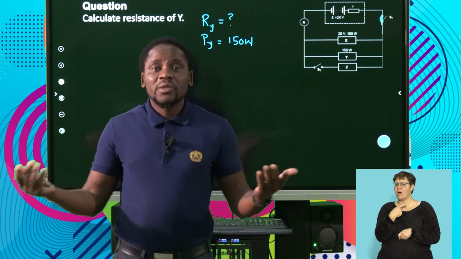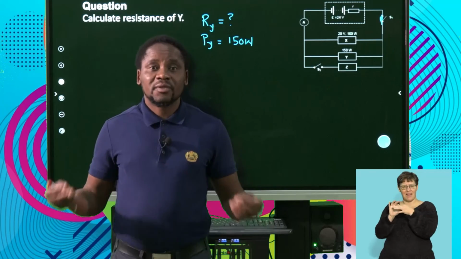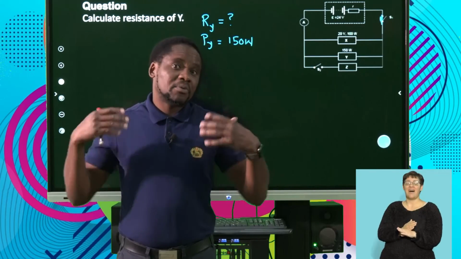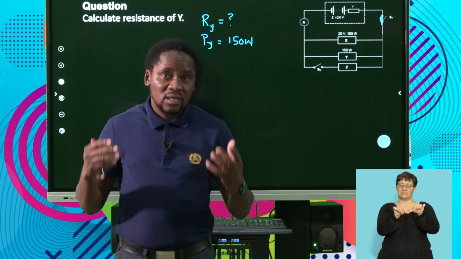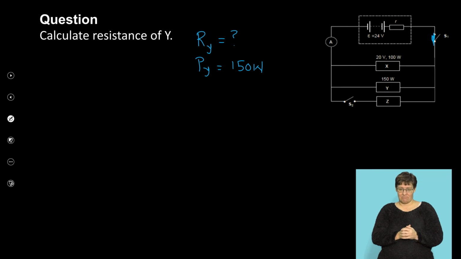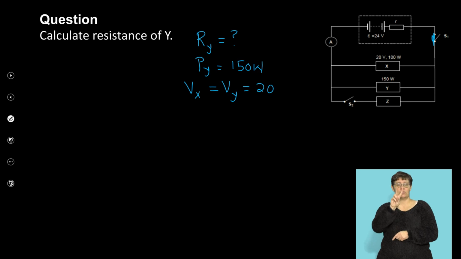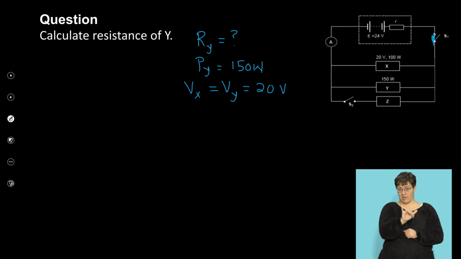And what do we know about a parallel combination of resistors in a circuit? That the potential difference remains constant. In other words, V of X is equal to V across Y, which is equal to 20 volts.